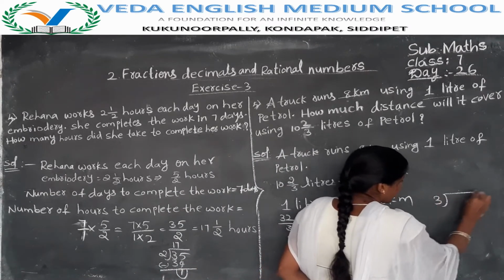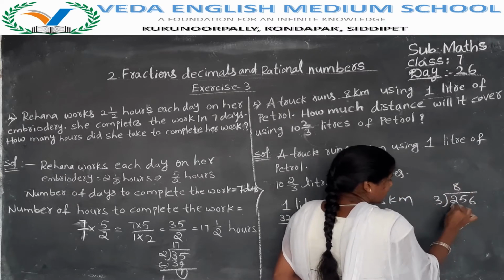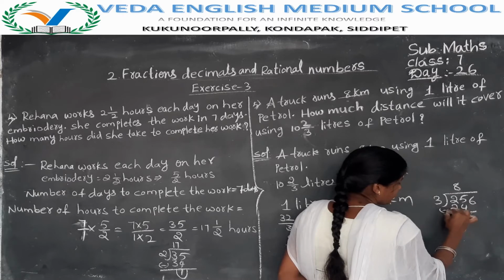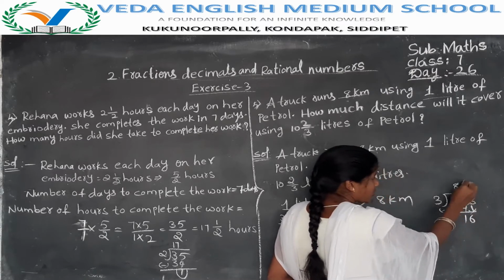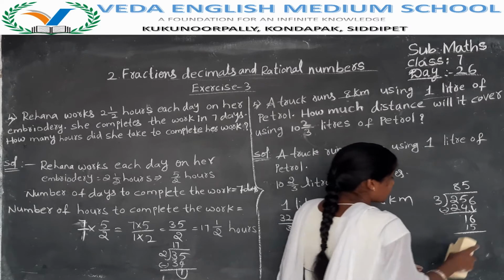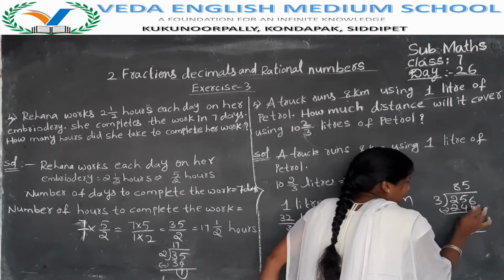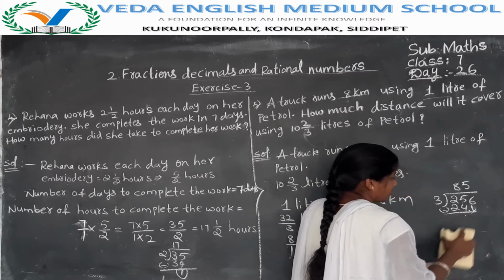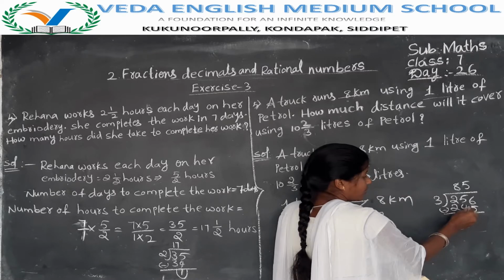Now divide here, 3 into 256. 3 8s are 24, reduce. Next here 1, take down the 6. In 3 times 16 is not possible, so 3 5s are 15. So directly 85 threes are 245.